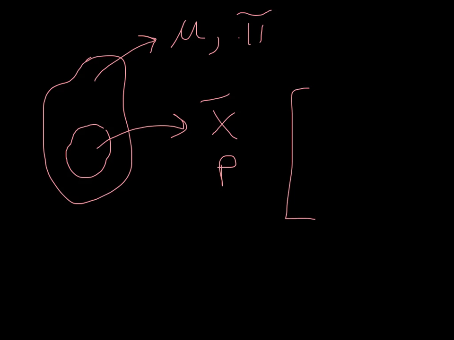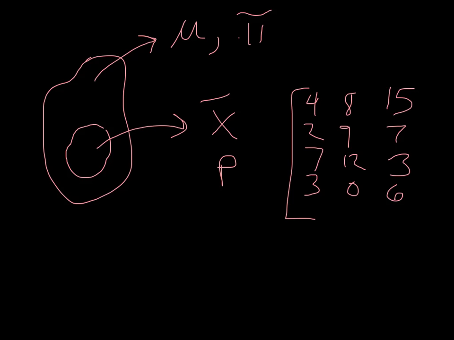Let's say I have a data set and I have the numbers 4, 2, 7, 3, 8, 9, 12, 0. I'll do a couple more: 15, 7, 3, 6. So I have a sample of size 12.